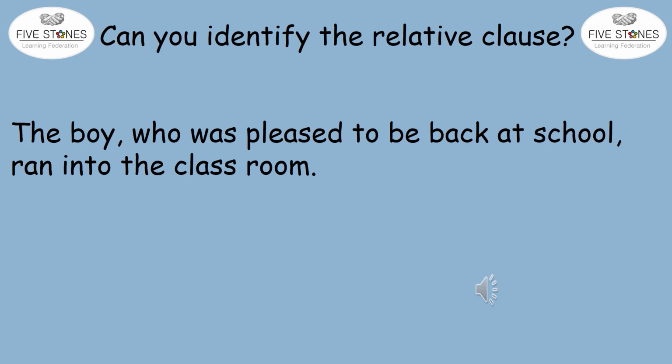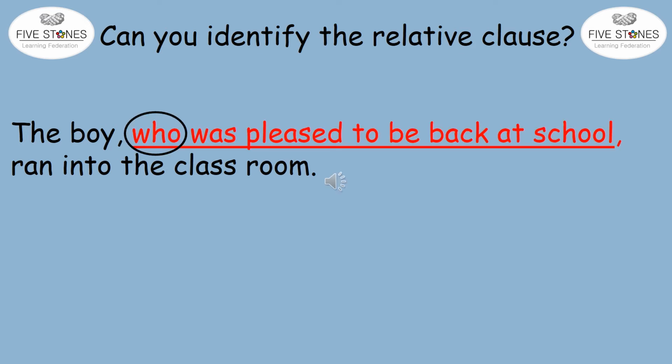Now it's your turn. Can you identify the relative clause in the sentence below? The boy, who was pleased to be back at school, ran into the classroom. You may even want to circle the relative pronoun. Well done, that's correct.